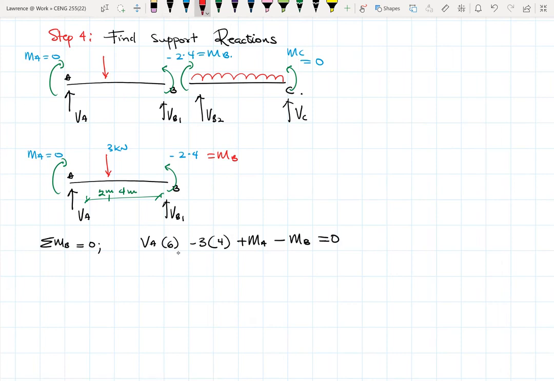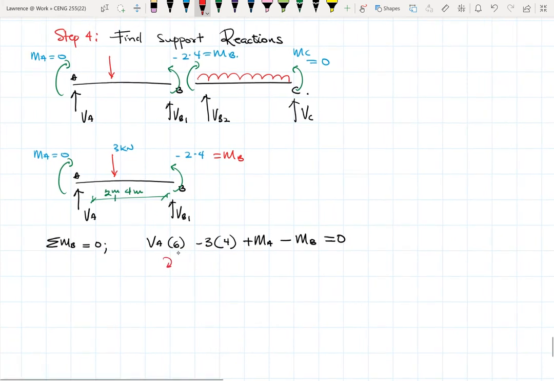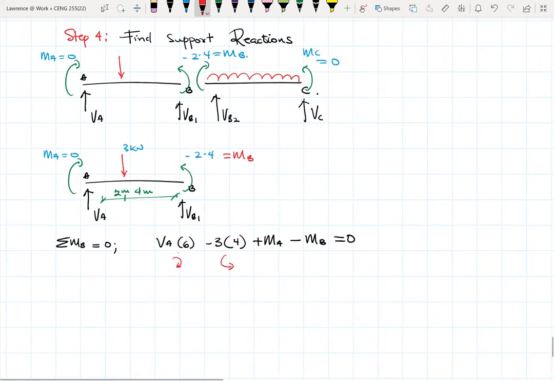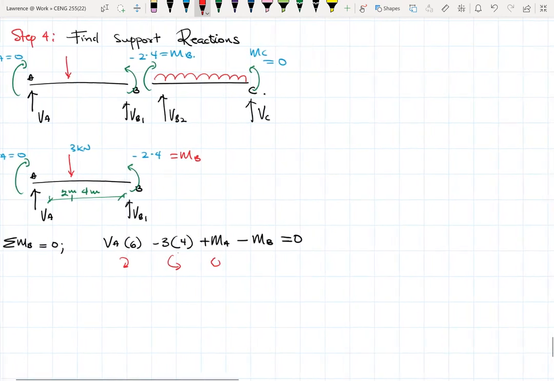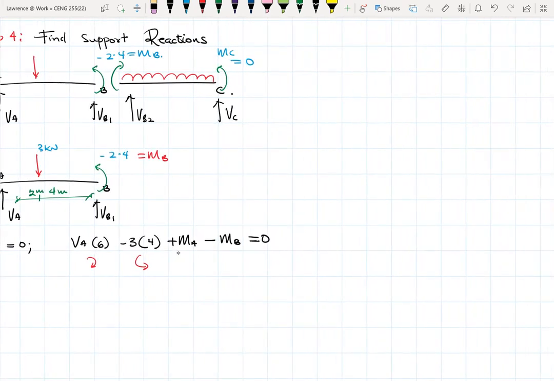Okay, so with B as our pivot, VA will cause a clockwise rotation. The 3 kilonewton load will cause an anti-clockwise rotation, right? Okay. MA is clockwise. So let's see, it's the same as this guy over here.